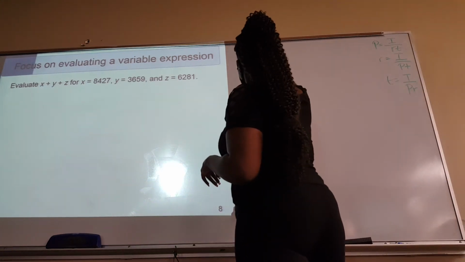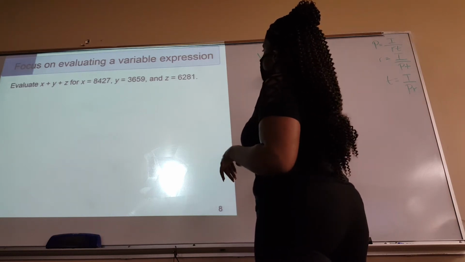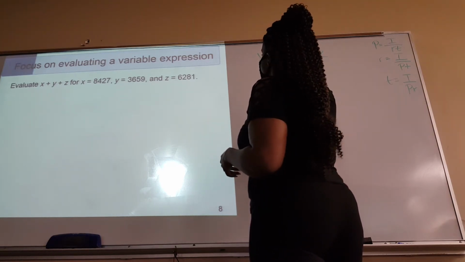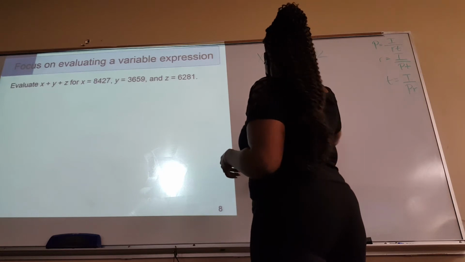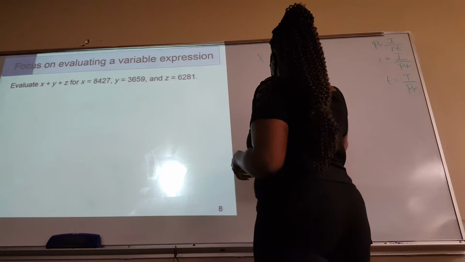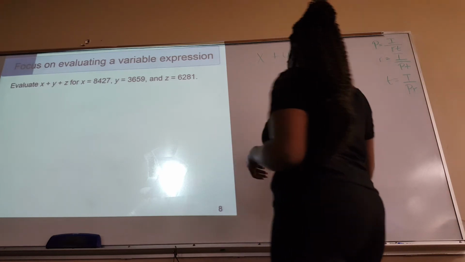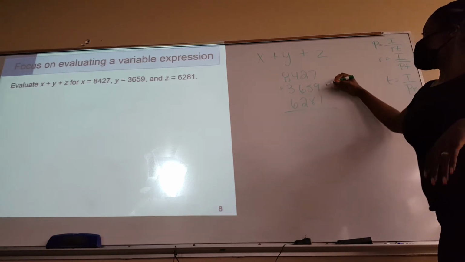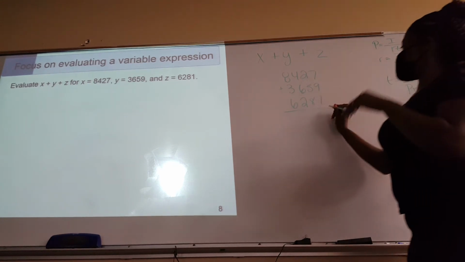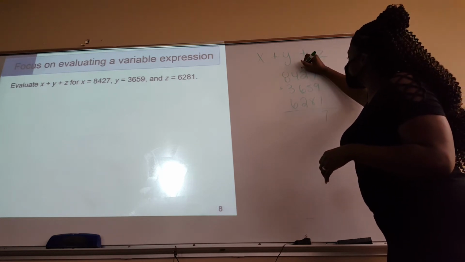So we're doing x plus y plus z. We can set it up as 8,427 plus 3,659 plus 6,281. Simple addition. 9 and 1 is 10 plus 7 is 17. So, carry a 1.